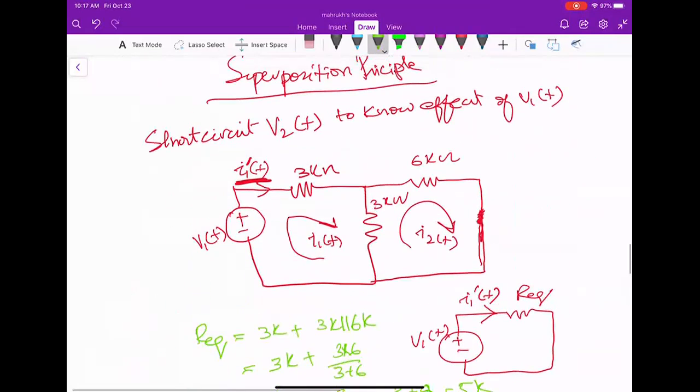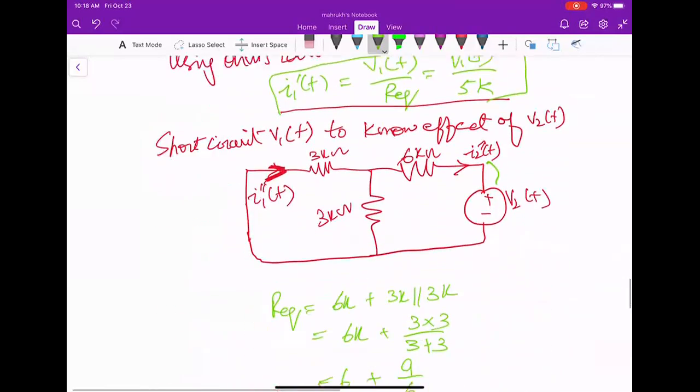You cannot change the resistor position. You are just changing the voltage source or current source effect. So you will change their name, like the current or voltage name, but you are not supposed to change any other configuration of the circuit. Otherwise, the whole circuit will change and the superposition principle cannot be applied. Okay?